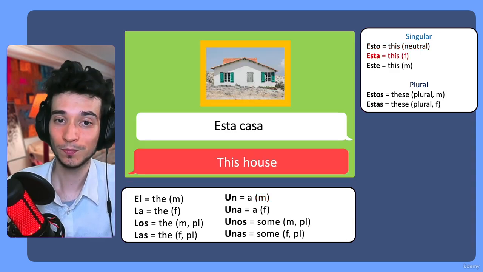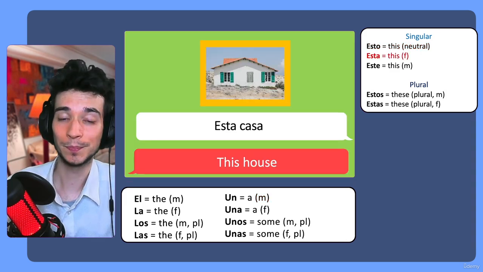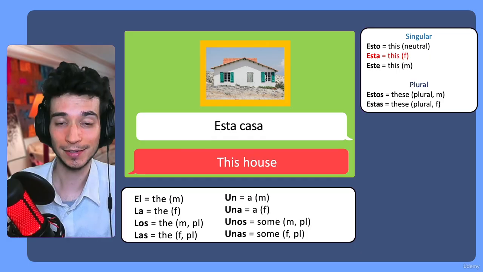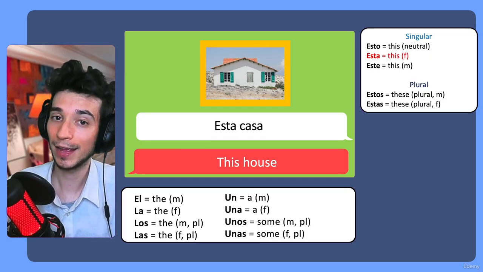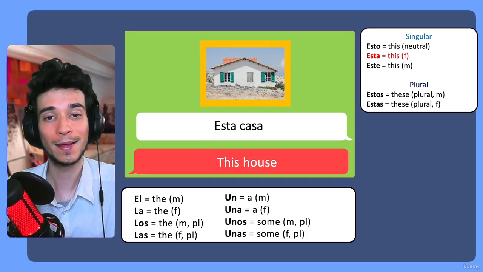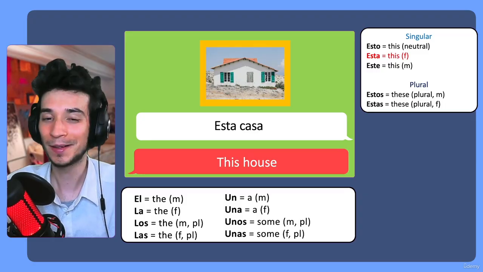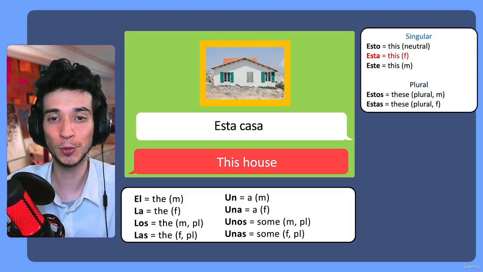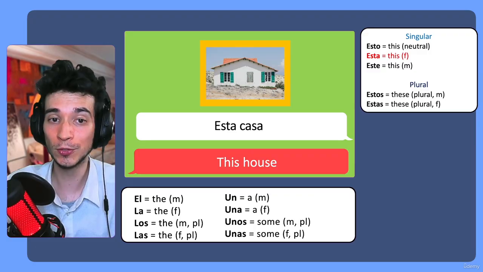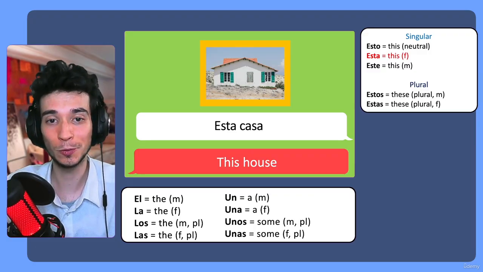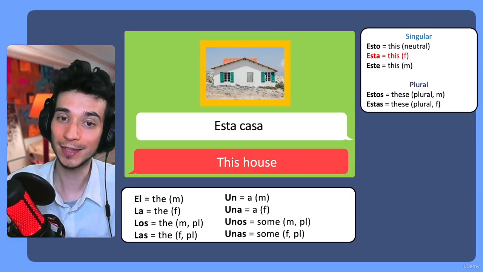And the next one. Esta casa. This house. But in this case, you cannot say esto casa. That doesn't work. It works if you say esto es una casa. This is a house.